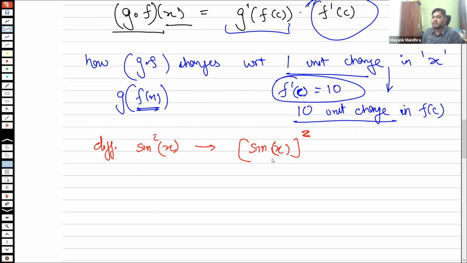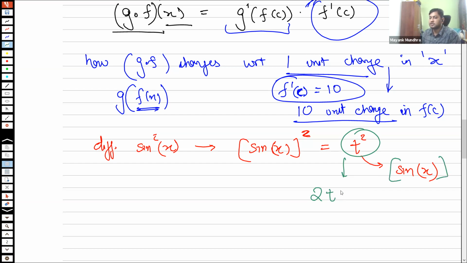So you assume sine of x as some t, so it's t square, where t is sine of x. What is going to be the differentiation of t square? It is going to be 2t, right? So I have already seen that the differentiation of this is going to be 2t, and then you differentiate this t, so into dt by dx.